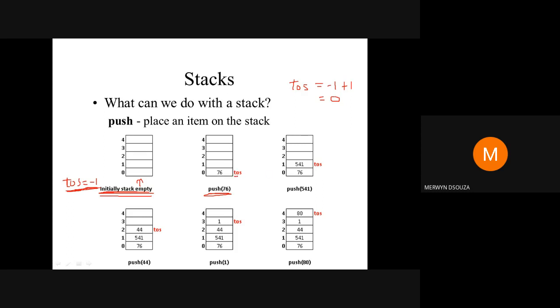That means the top of the stack is now at index 0. So I want to insert 76 here. When I'm writing the program, I will actually write something like this: push.